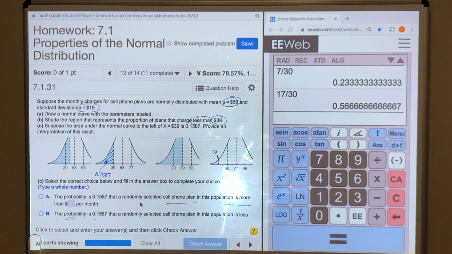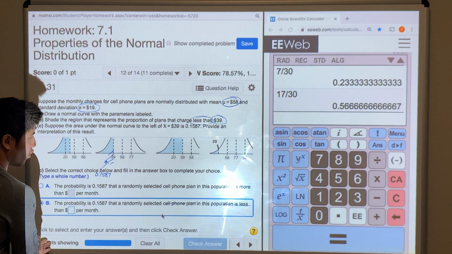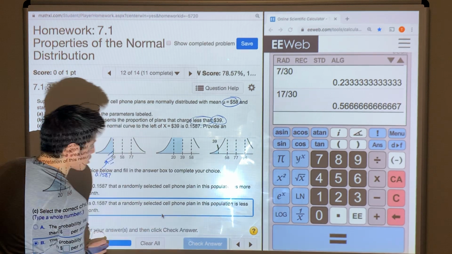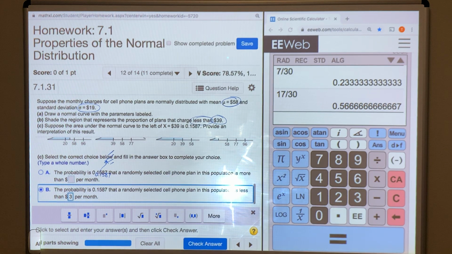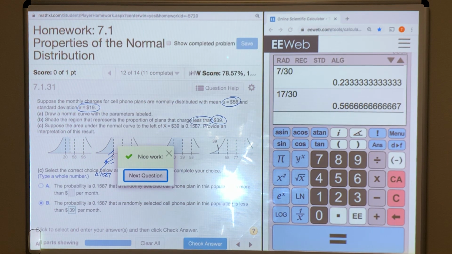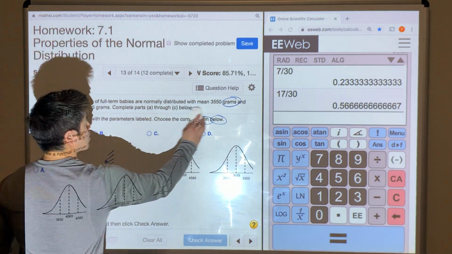Let's look at B. The probability is 0.1587 that a randomly selected cell phone plan in this population is less than that $39 per month. And that is the correct answer and proper interpretation of what's going on there. Okay? All right. Let's go to the next one.